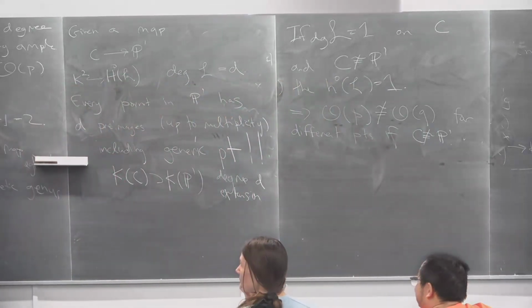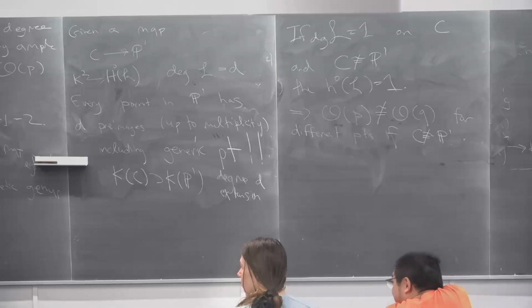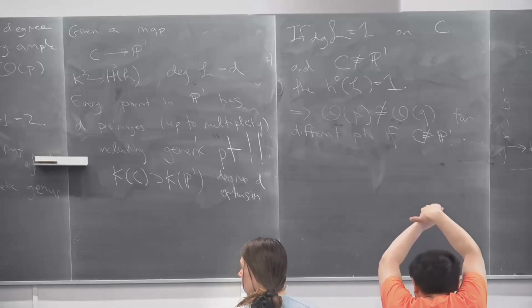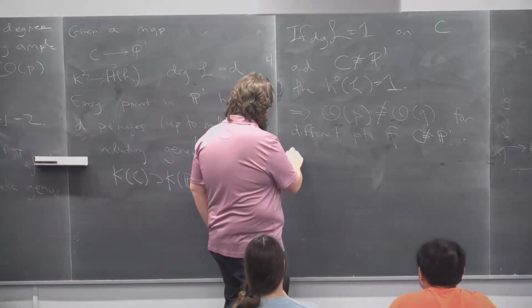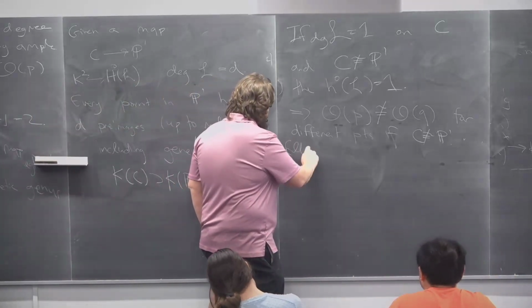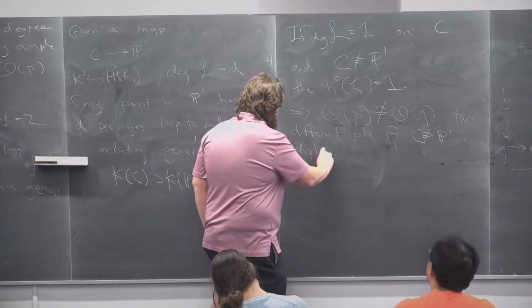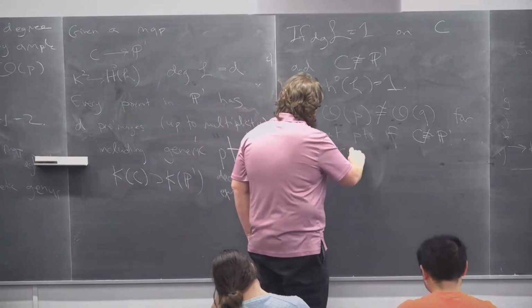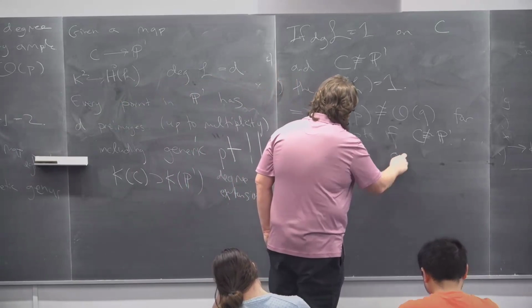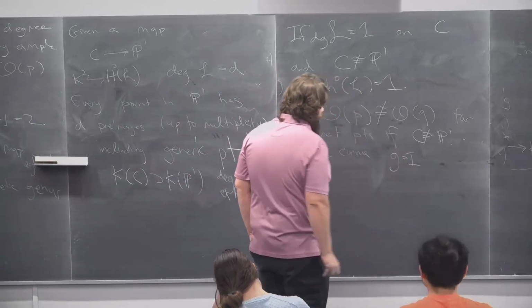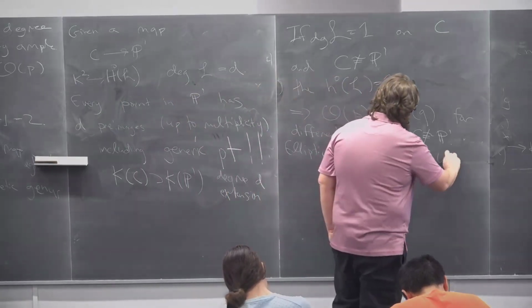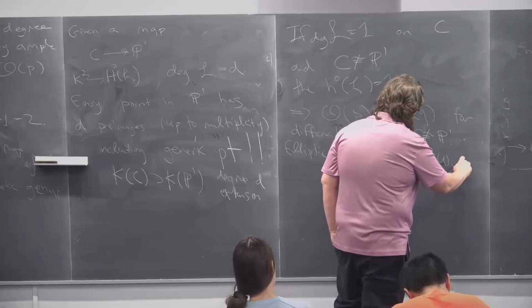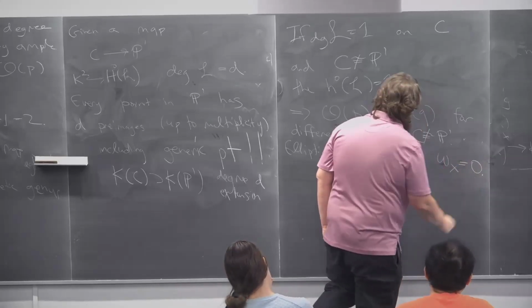This is something we mentioned about elliptic curves. We discussed this fact, and we'll have to talk about it at some point in the makeup week, for g equals 1. In that case, the canonical bundle is trivial.